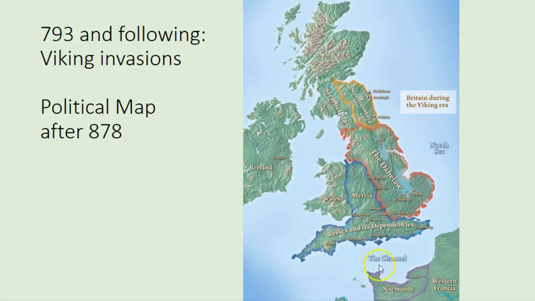And they took pretty quickly to the French language and became Francified. And we'll hear about the Normans next week. But what happened was the Vikings basically devastated old Anglo-Saxon society and ended up conquering a lot of Britain.